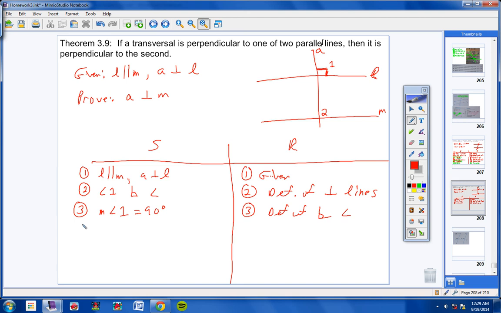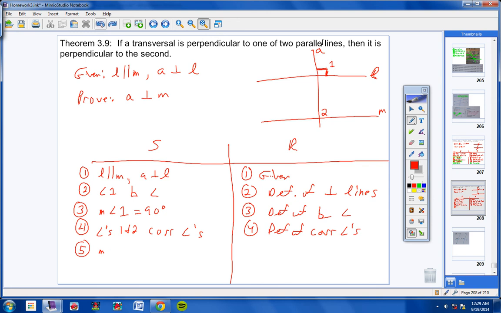Now, what can I say about angles 1 and 2? I can say angles 1 and 2 are corresponding angles, and that of course is going to be the definition of corresponding angles. And then I can state that they're congruent. Excuse me, I apologize.